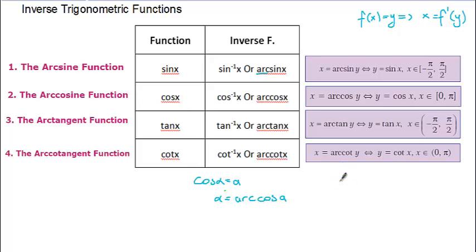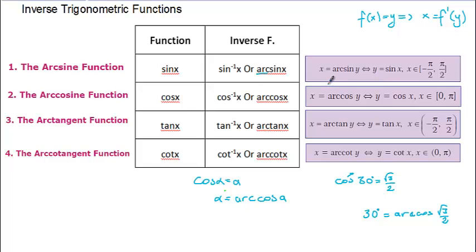Or if cosine 30 is equal to root 3 over 2, then this cosine goes to the other side and it becomes like this: 30 degrees is equal to arc cosine root 3 over 2. Okay, the inverse trigonometric functions mean this.